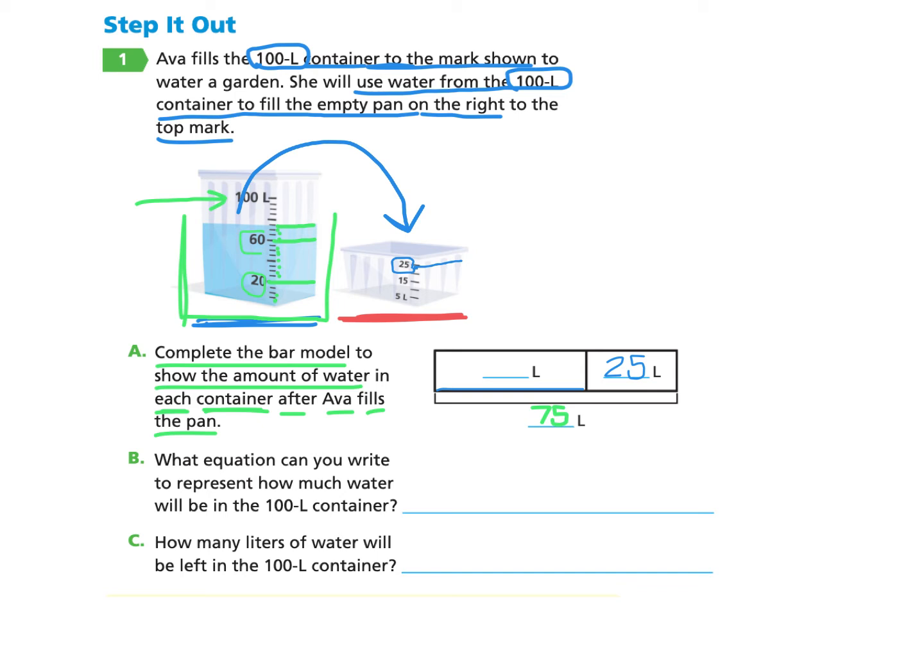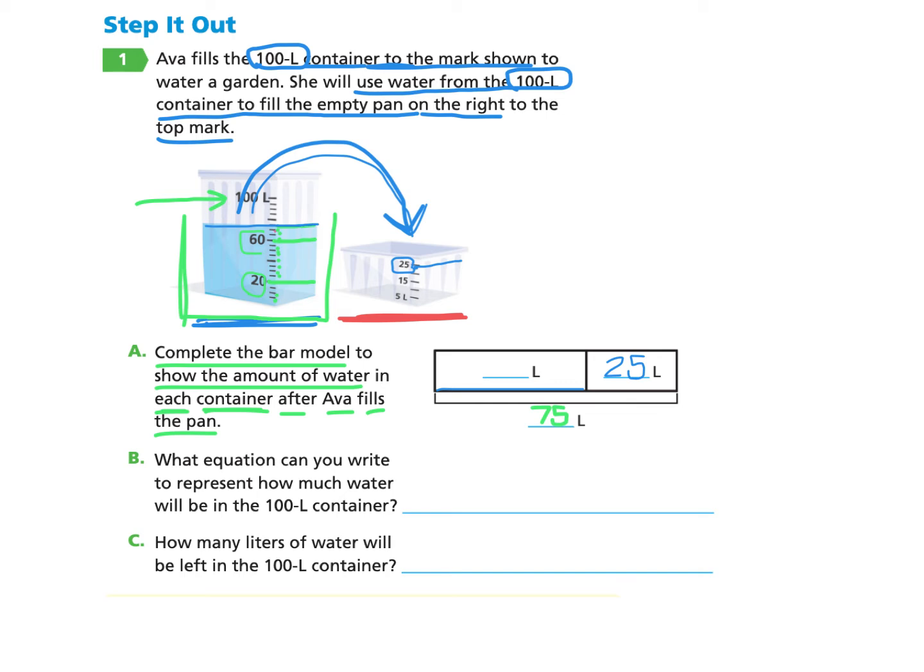So we can do this a couple different ways, but I think if we started right here and then we pour some water into this container, and how much water did we pour in? We poured in 25 liters. Then what we're going to do is just go backwards on this container 25 liters. So we're going to go by 5.